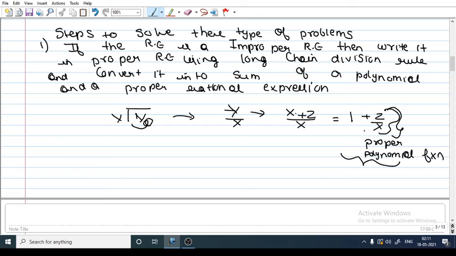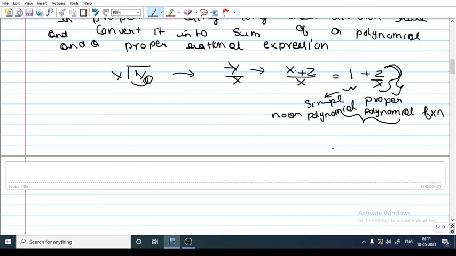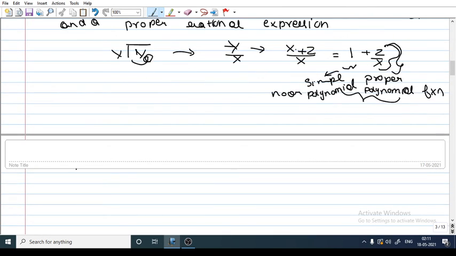That is the uniqueness of this, and the other part will be nothing but a simple number or polynomial. Okay, now with this, let's do the second thing.